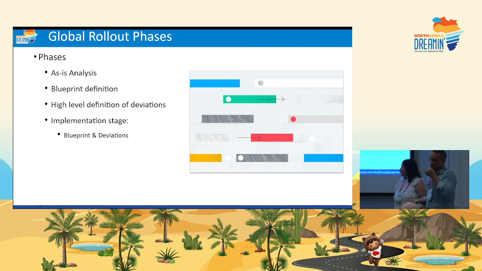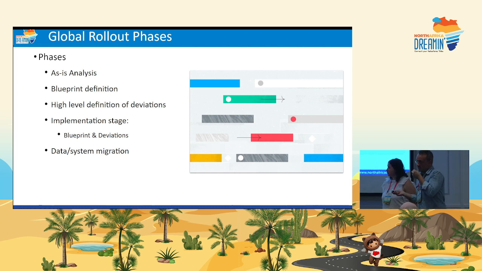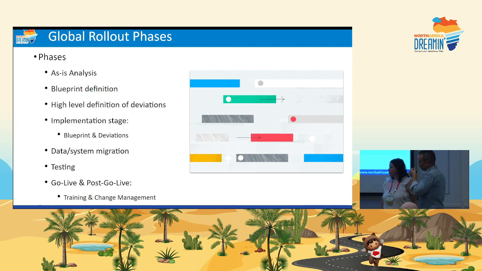Then we will carry on with talking about the implementation and the differences between the blueprint and the deviations. We'll talk about data migration and systems integrations, to carry on with testing, because it's a very important phase where we have to check that everything works as expected. And finally, go live and post-go live.